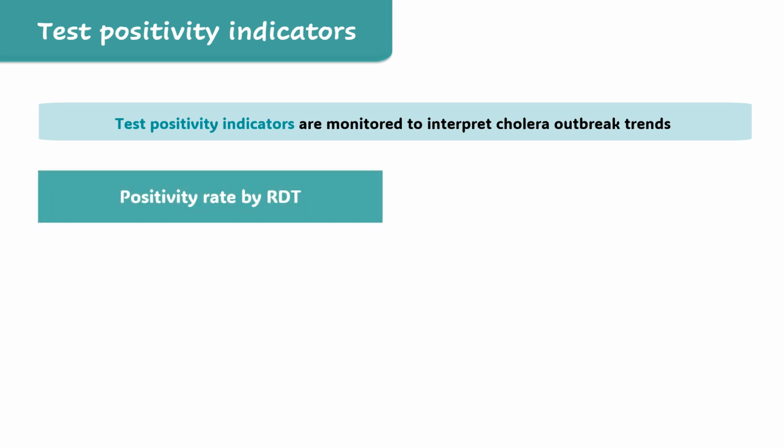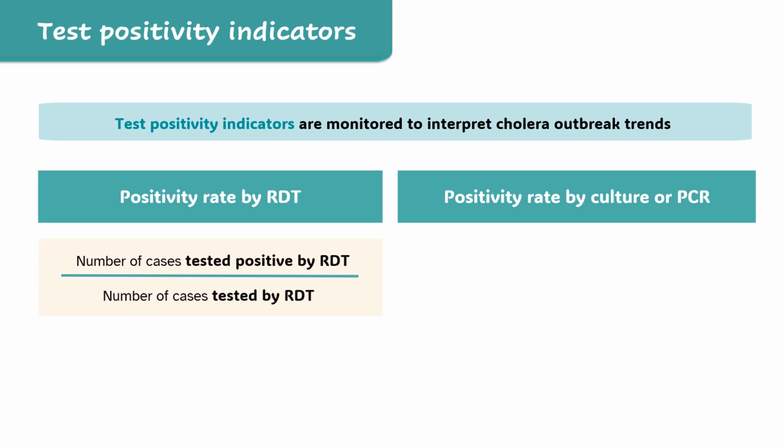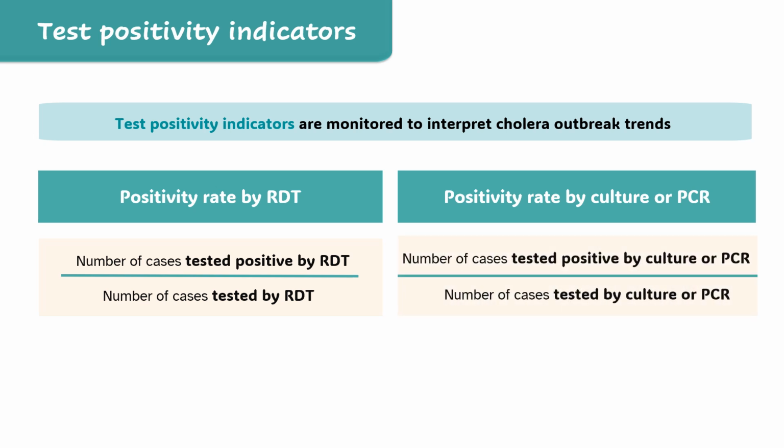The positivity rate by RDT is calculated as the number of suspected cases tested positive by RDT over the number of suspected cases tested by RDT. The positivity rate by culture or PCR is calculated as the number of suspected cases tested positive by culture or PCR over the number of suspected cases tested by culture or PCR.